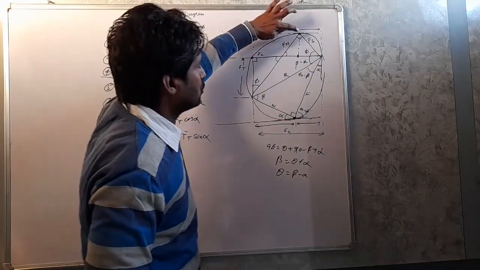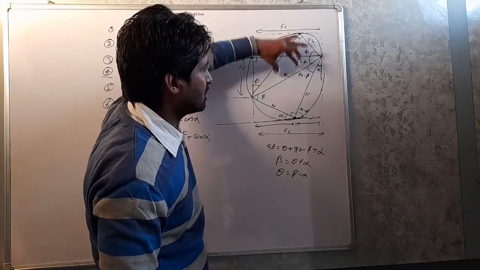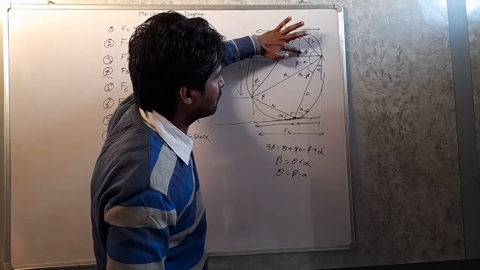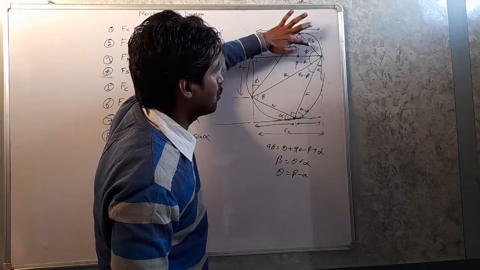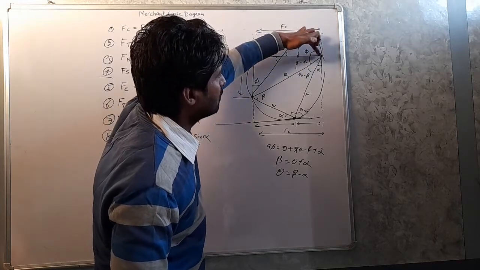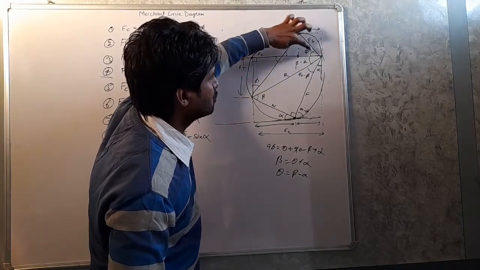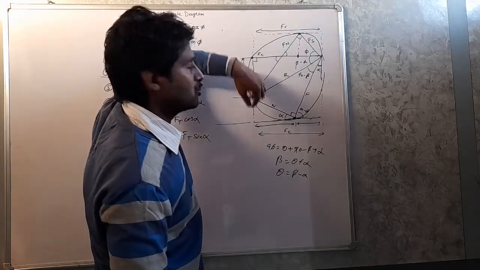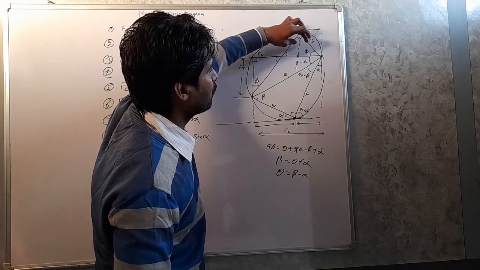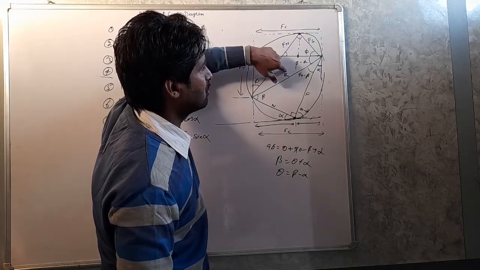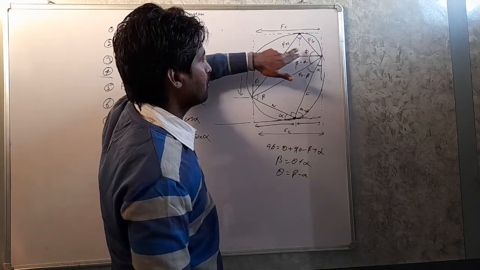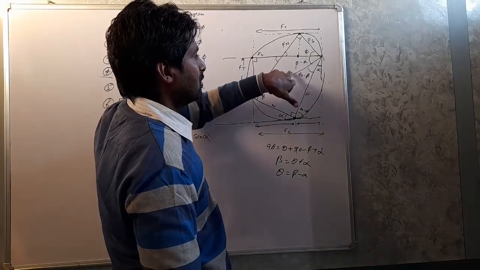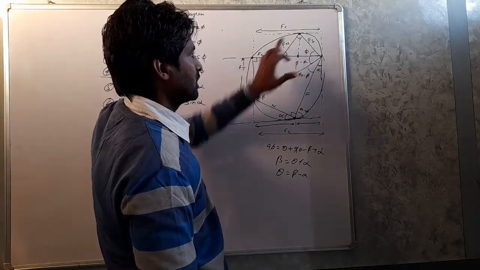So you can find the value of the resultant R if you know this complete angle, phi plus beta minus alpha, using this triangle of Fs, Fn and R. You can find R in terms of Fs and Fn, because R is equal to the root of Fs square plus Fn square.